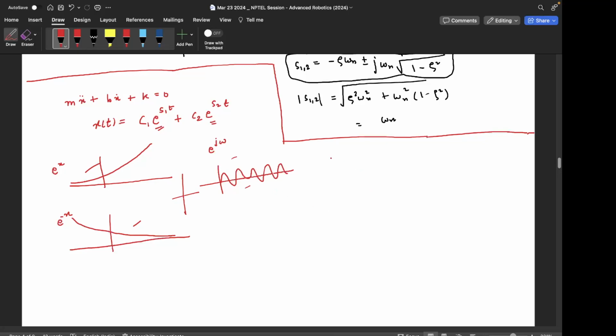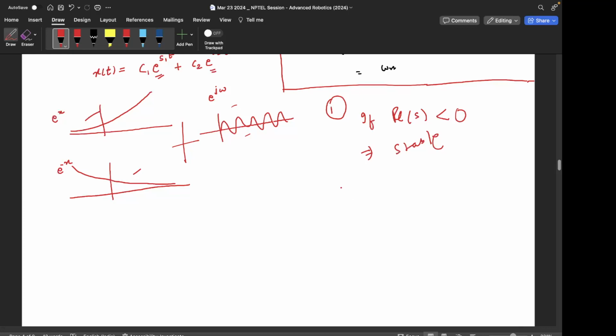Right? So the first is, if the real part of the root is less than zero, it implies that the system is stable. If the real part is greater than zero, then there is an exponentially growing term in the solution and it's unstable.